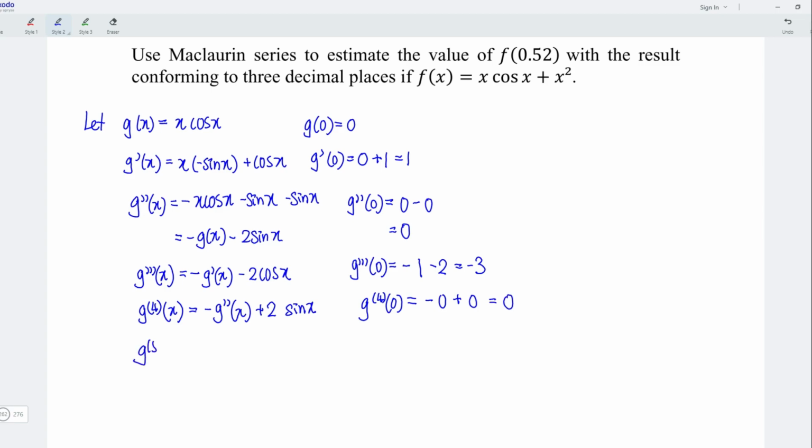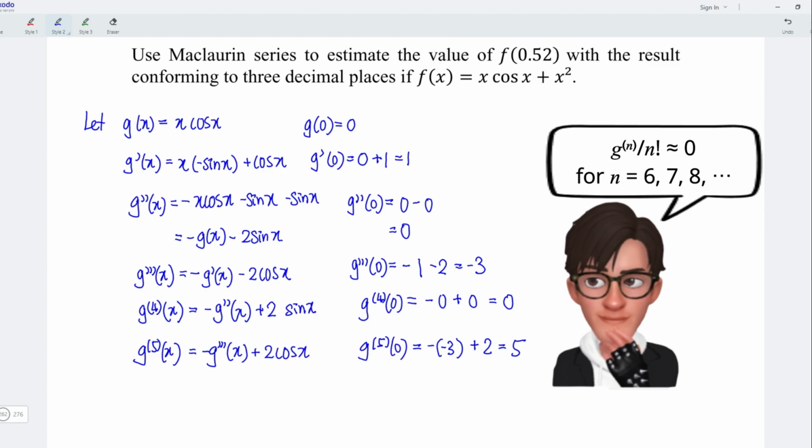Differentiate the function for the fifth time, and we should obtain negative third order plus 2 cos x. At point x is equal to 0, the value for the third order is negative 3, and cos 0 is 1. 1 multiplying 2, we obtain 2, and this is equal to 5.